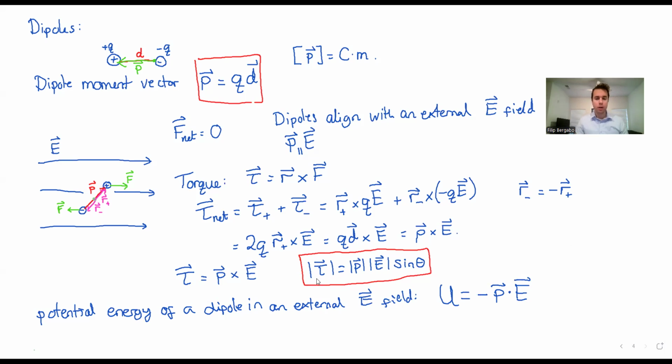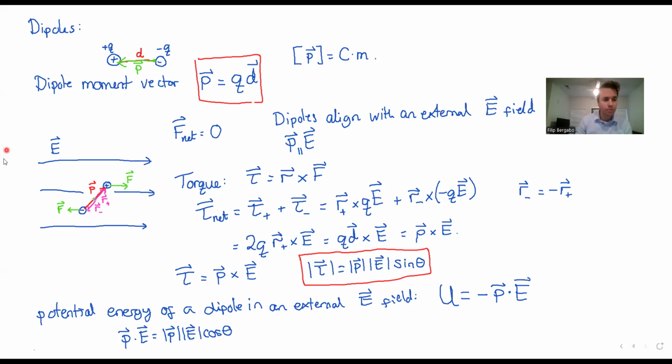So keep in mind some things about the dot product as well. The dot product, p dot E, is, remember, just the magnitude of p times the magnitude of E times cosine of the angle between them. So it's opposite to what we had for the torque. With torque, we had sine, now we have cosine. So the dot product is maximum when two things are aligned, and it's minimum when they are pointing oppositely.